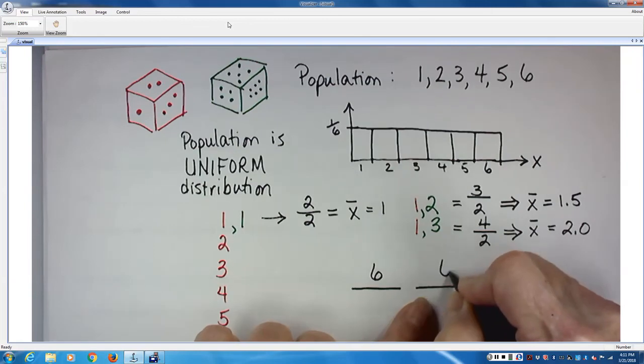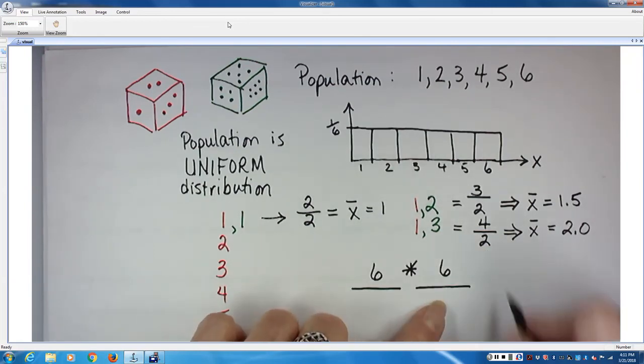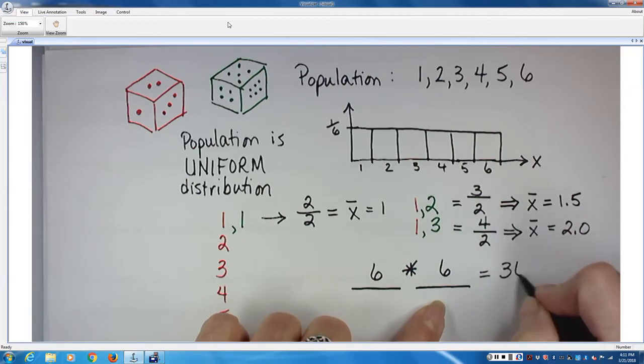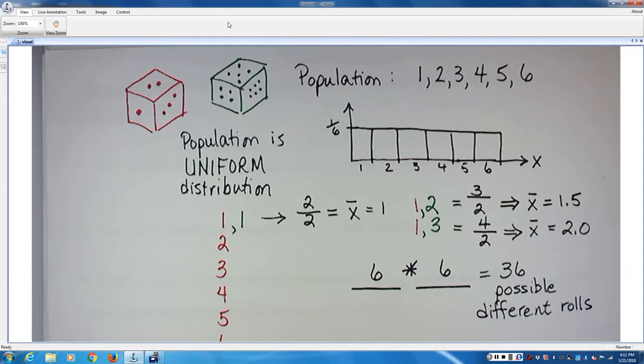Which means that because of the multiplication rule we learned back in chapter 4, that means there's 36 different possible rolls, which means there's 36 different possible samples. Okay, there's 36 different samples.